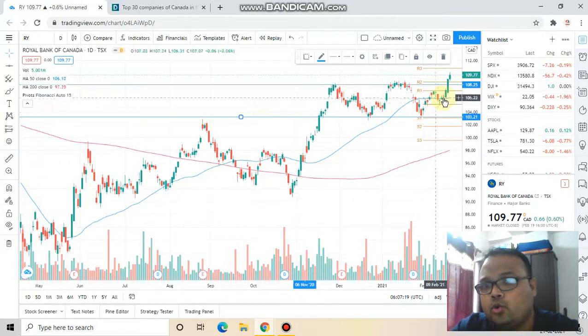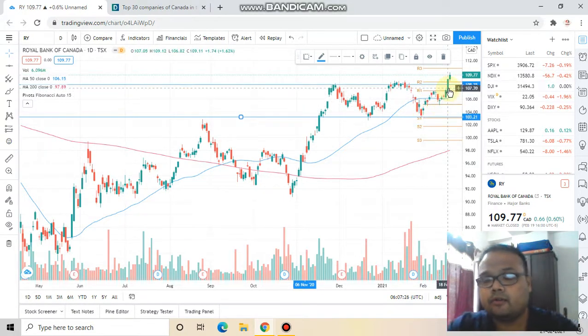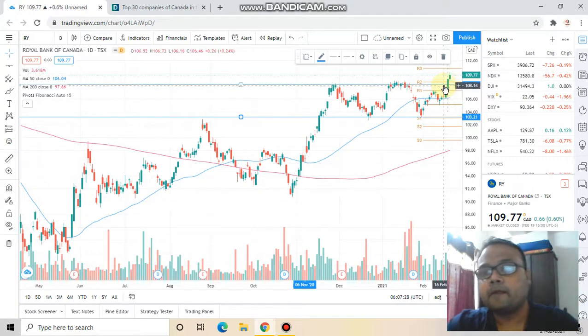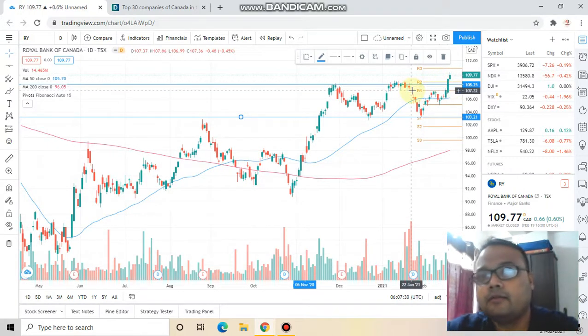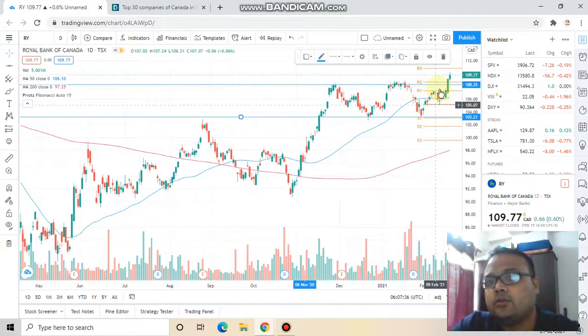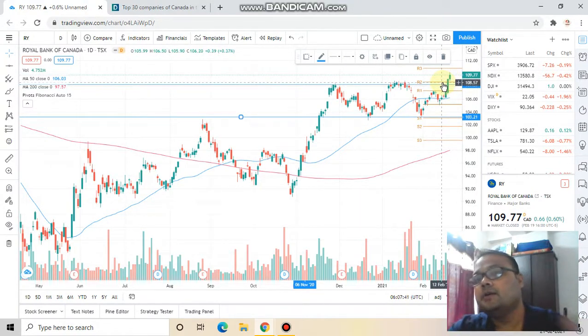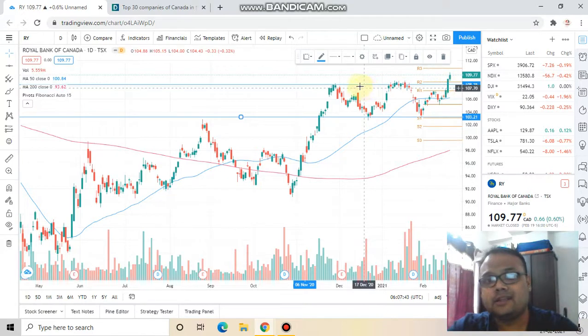It took more than 2 weeks. Because each week has 5 trading days, it took around 3 weeks to reach this particular level, and right now the market has successfully reached this resistance level.